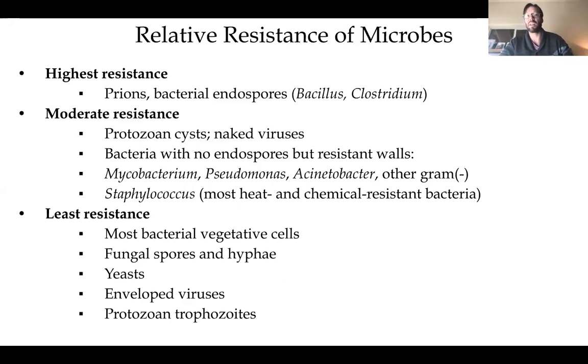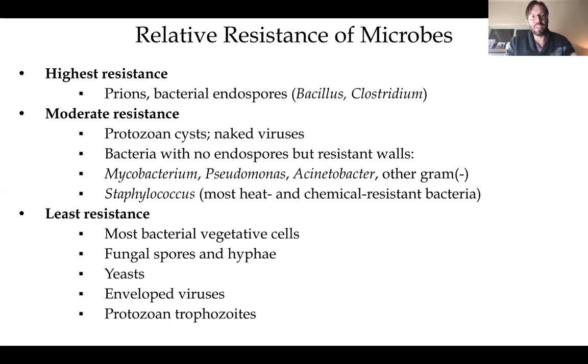So some of these things like Mycobacterium that causes tuberculosis or Pseudomonas, these gram-negative are going to be moderately resistant. Staphylococcus is going to be heat and chemically resistant. Staph aureus is also, right, antibiotic resistant, methicillin in particular.